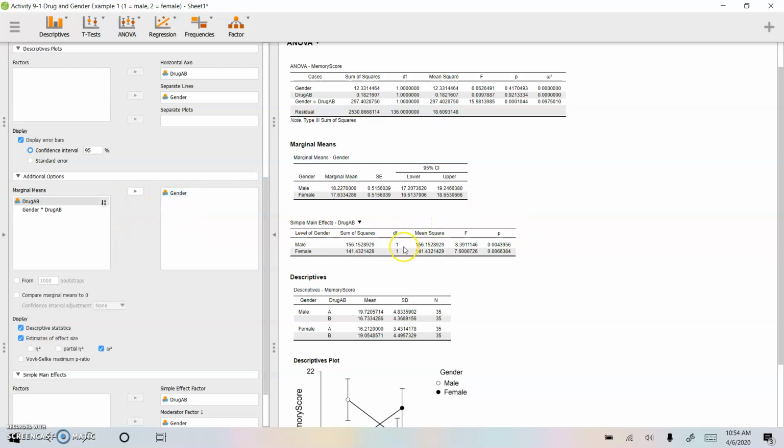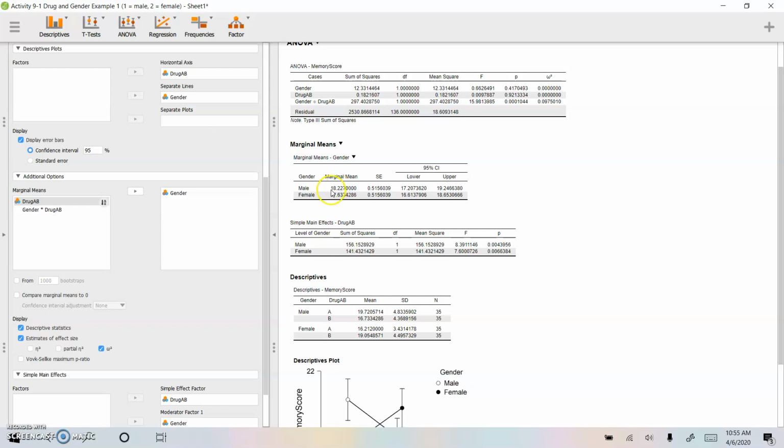You see for marginal means, it shows us that the overall mean for males is 18.22. The overall mean for females is 17.66. And the p-value for the main effect of gender tells us that that difference we're observing is likely to be due to sampling error.